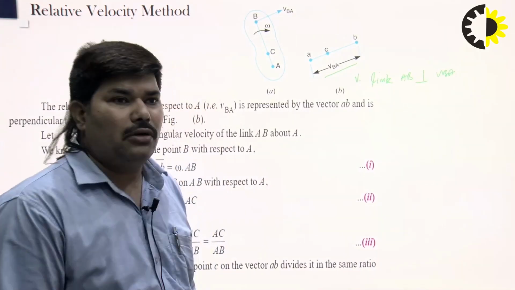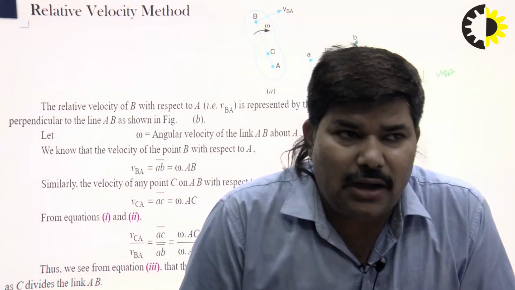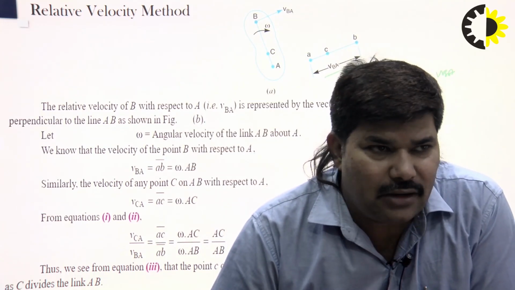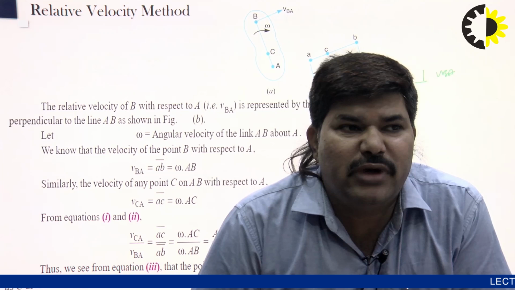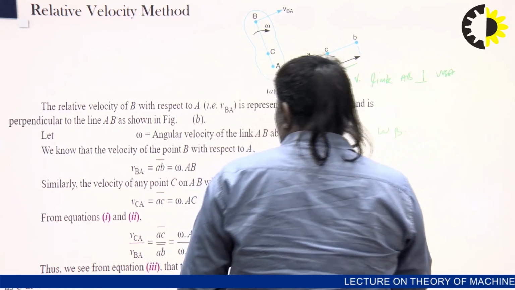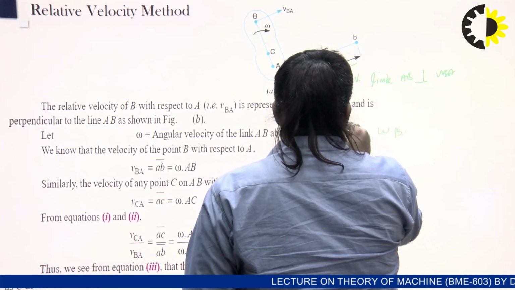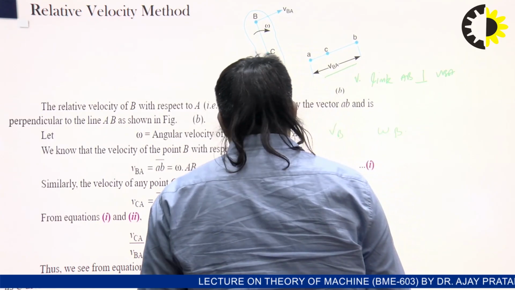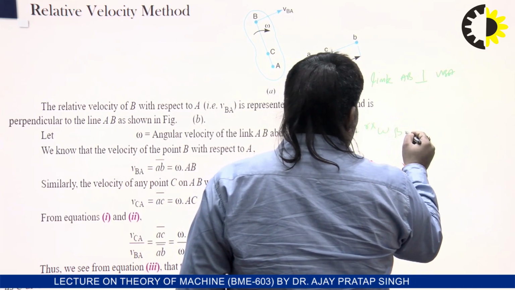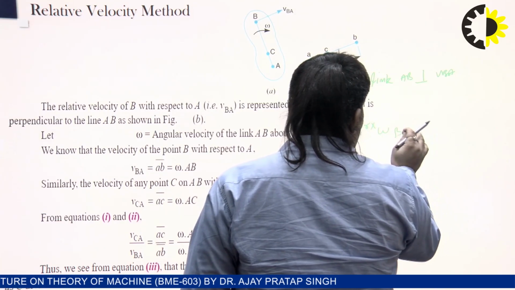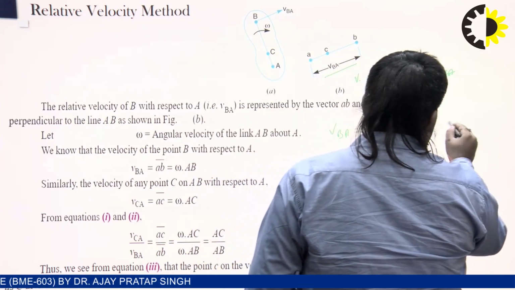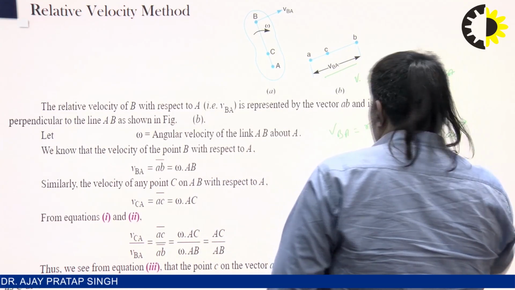Let omega equal the angular velocity of link B with respect to A. We know that the velocity of B with respect to A equals r into omega AB, or we can say it is vector ab.